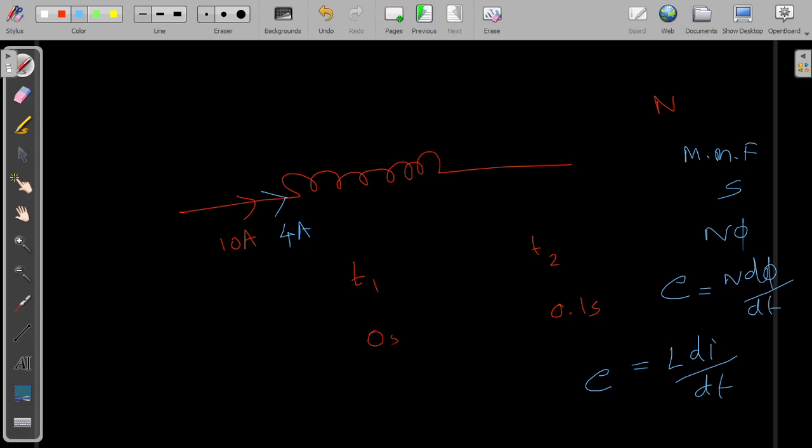So E will be equal to, the examiner is asking you to find the induced EMF here.